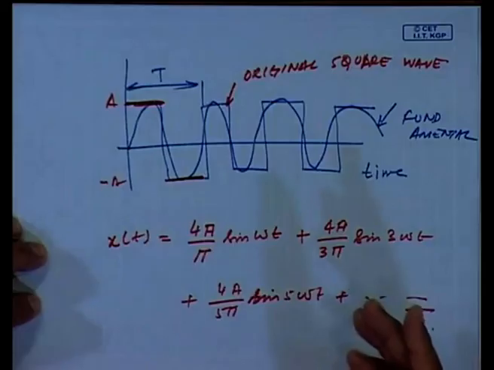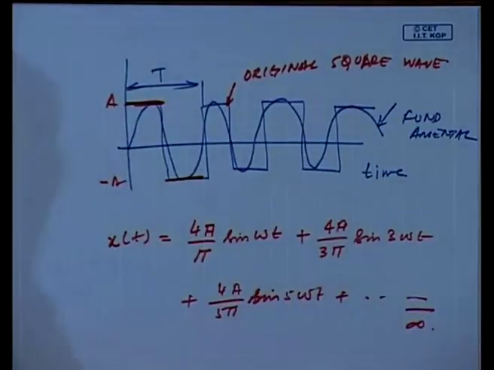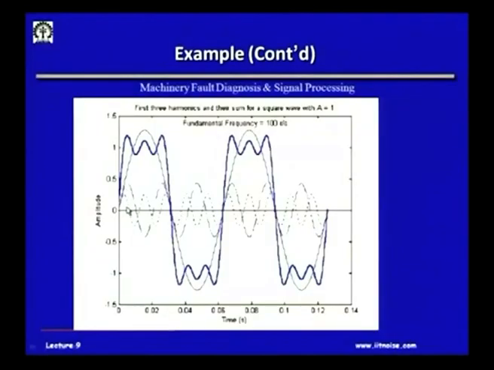And I am sure in your maths classes you must have done such exercises for triangular waves. In your first year circuit class, the teacher would have given you exercises to break up such a periodic waveform into such Fourier components. Now, you notice an interesting thing here. I have now put all of them together, all the harmonics individually have been plotted, and eventually they have been added up.